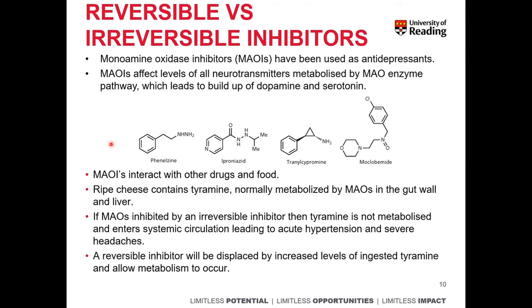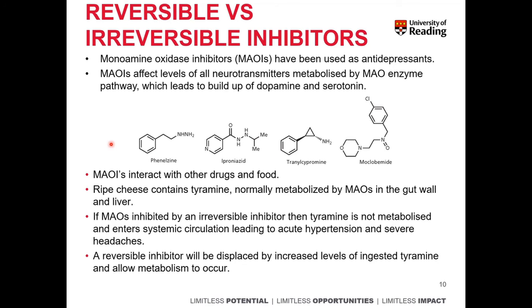Now, a reversible inhibitor would be displaced by increased levels of ingested tyramine and allow metabolism to occur. So if we used a reversible inhibitor instead of an irreversible one, that increased level of tyramine in the diet or in the gut would then displace the inhibitor itself.